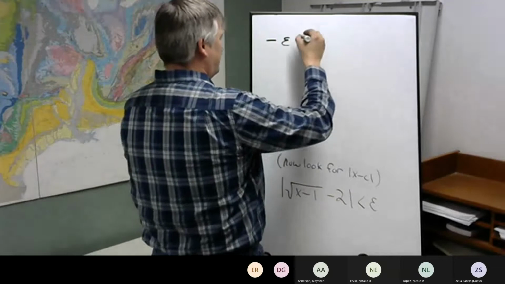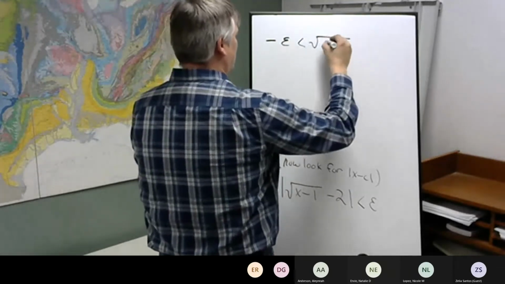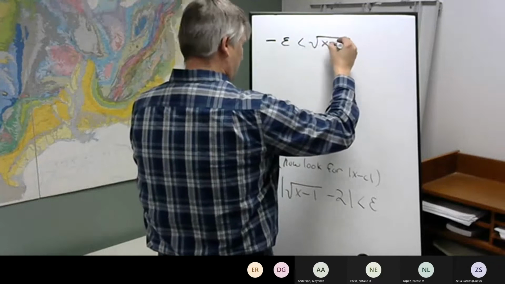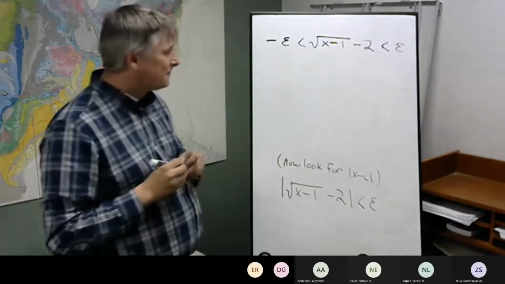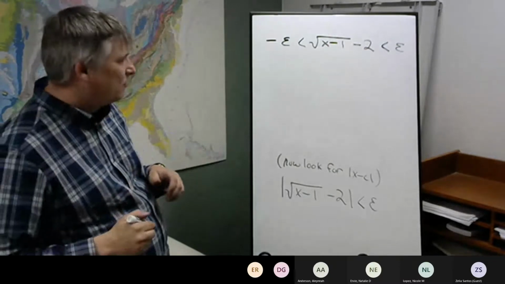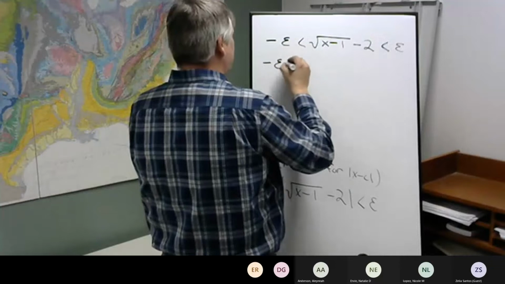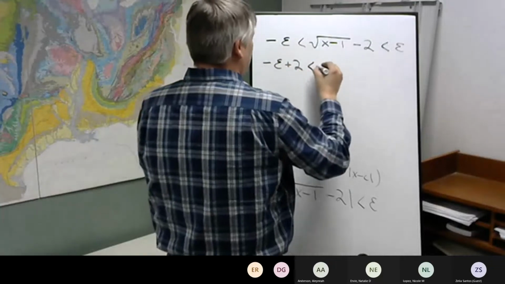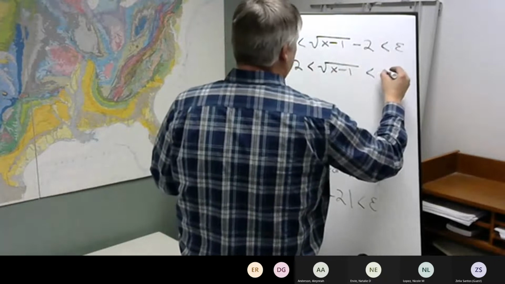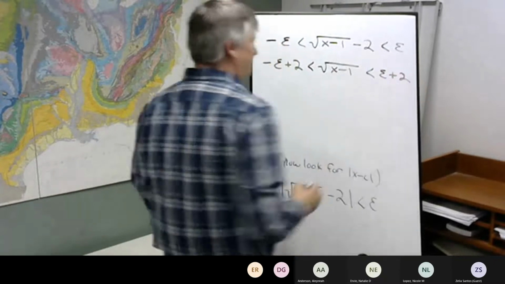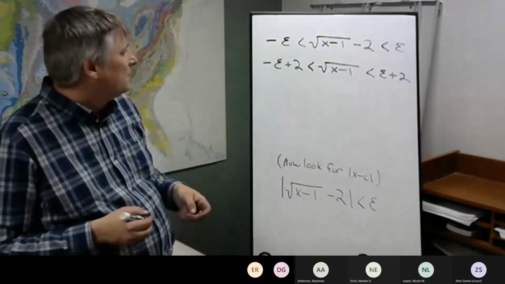We're going to break this up, like so. We can add 2 everywhere. So we'll get minus epsilon plus 2 less than the square root of x minus 1 less than epsilon plus 2. We can do that. And of course, 2 plus minus 2 is 0.